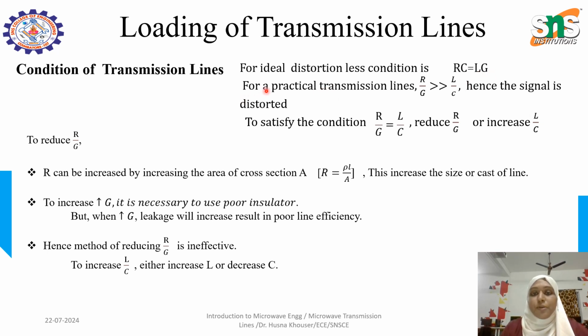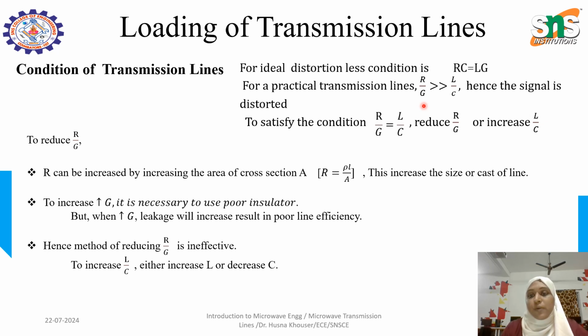But in a practical condition, we won't get distortionless lines. There will be distortion, because the resistance and conductance will be high and the inductance and capacitance will be very low. To reduce this resistance and conductance, we know that we get the resistance and conductance because we use lumped components in between the transmission lines.